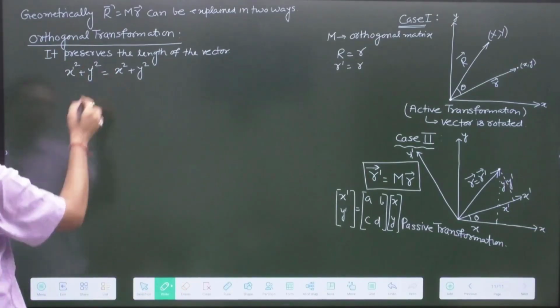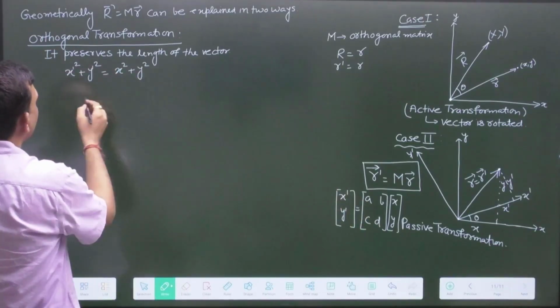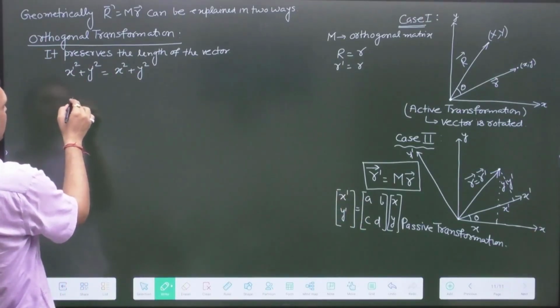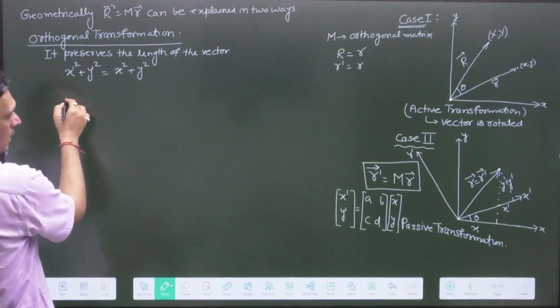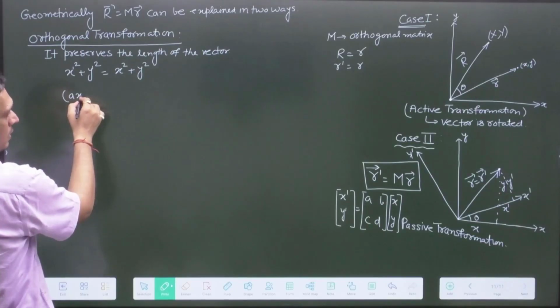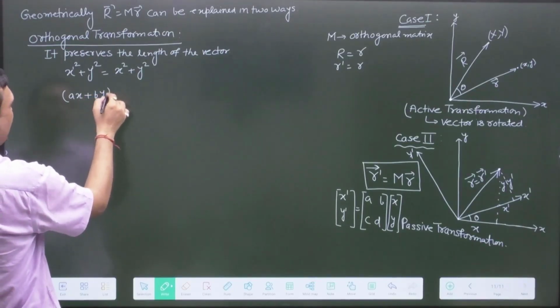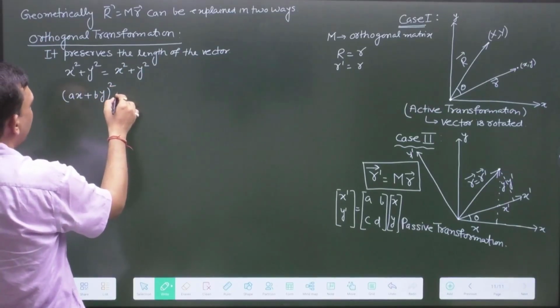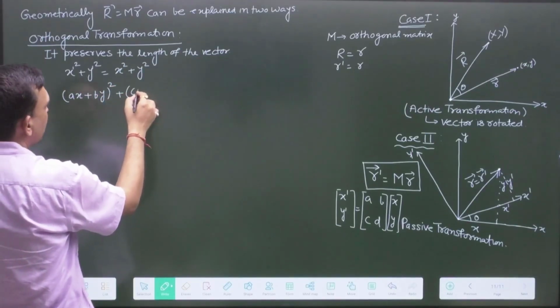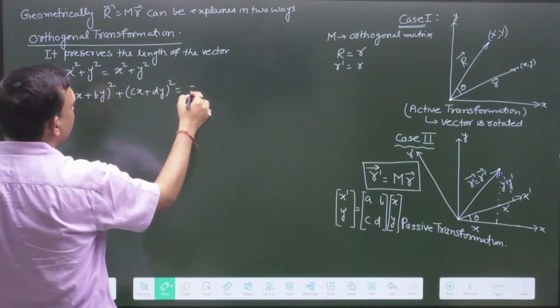So when you apply this condition from this relation, what will X dash be? X dash square is (AX plus BY) whole square, and then plus (CX plus DY) whole square.